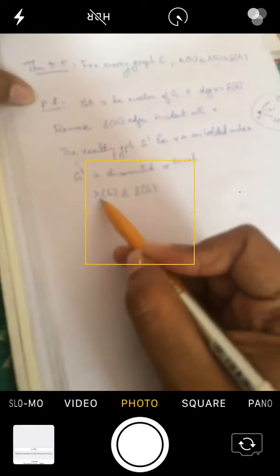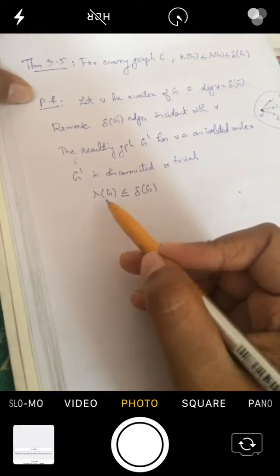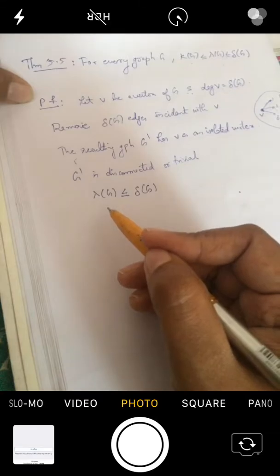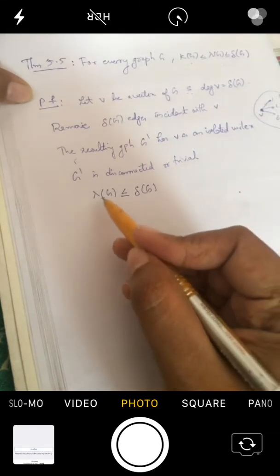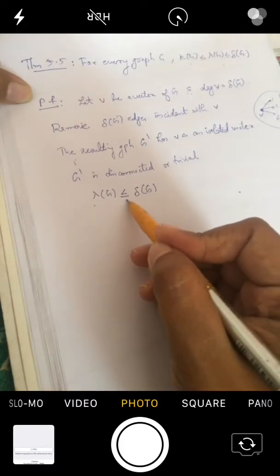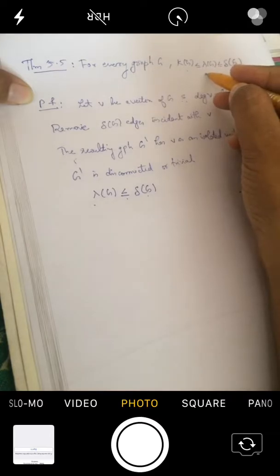Since lambda of G is the minimum number of edges to be deleted from the graph so that the resulting graph is disconnected, we can clearly say that lambda of G is less than or equal to delta of G. So we get one side of the inequality.